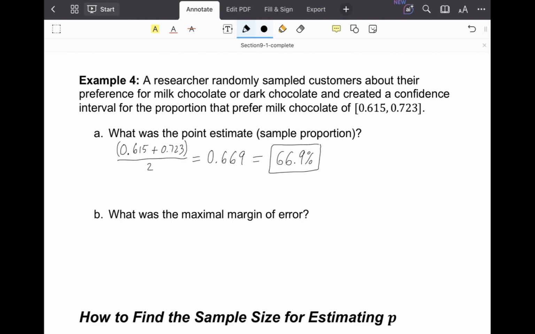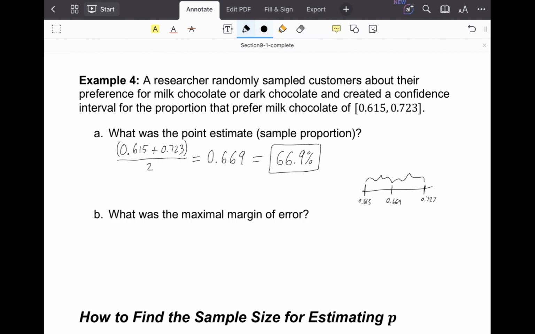We want to find the distance from the center to one of the edges. So you kind of think about this. I was just saying 0.669. It's right in the middle. 0.723 and 0.615. So we want to find one of these distances.